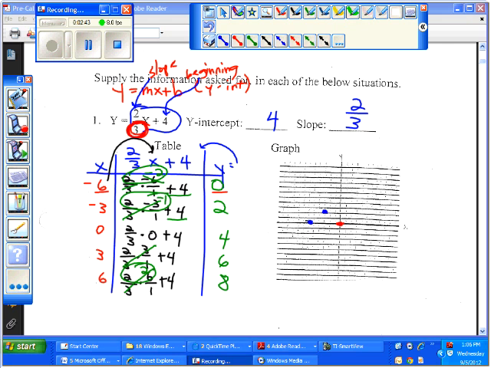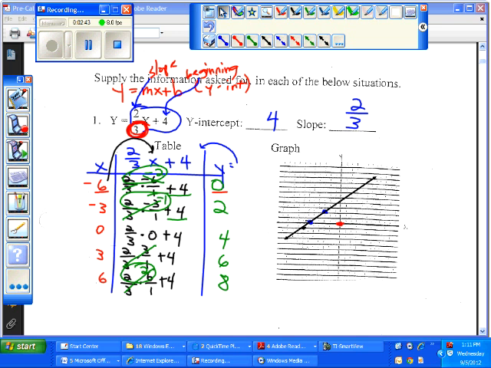And we could draw our line by plotting those points, right? It's always hard to aim. Okay, and we draw our line.